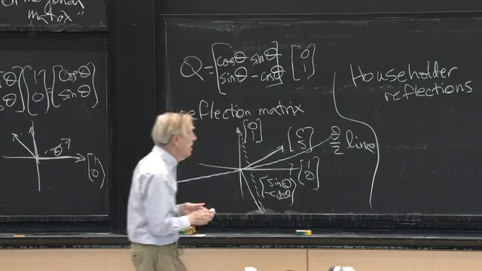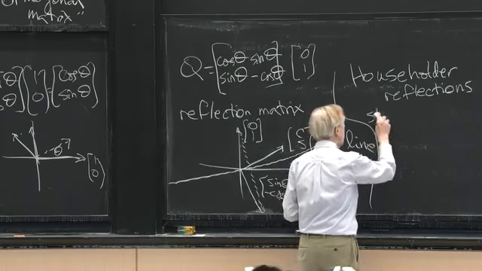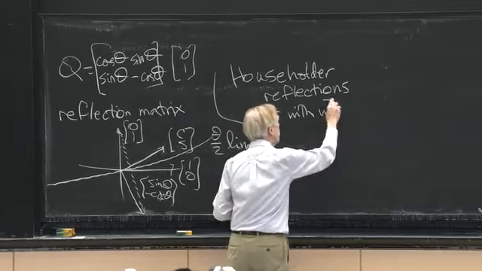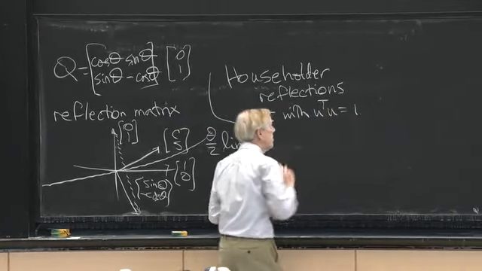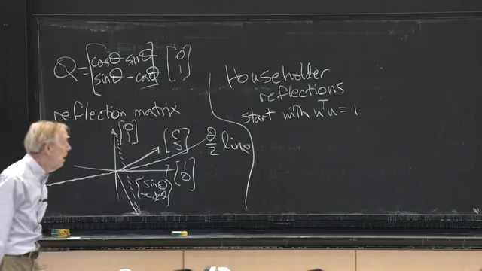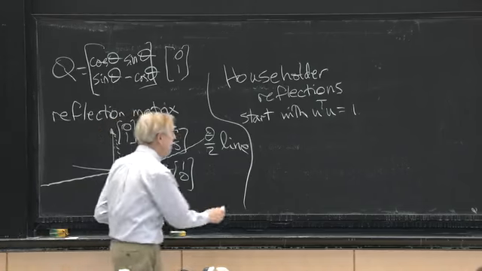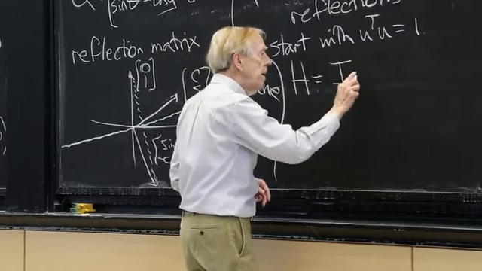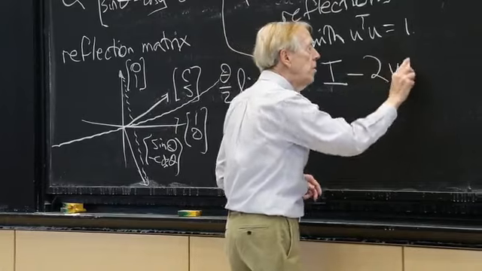So he started with a unit vector. Start with a unit vector U, U transpose U equal 1. So the length of the vector is 1. And then he created, let's name it after him, H. He created this matrix, the identity minus 2 UU transpose.